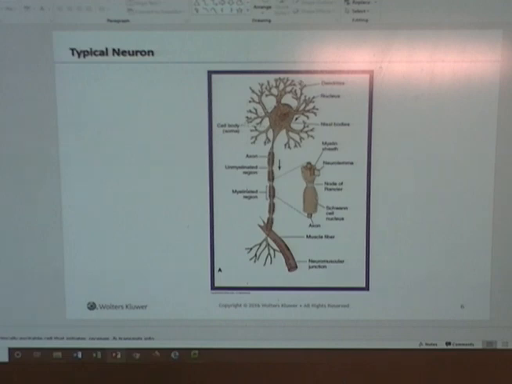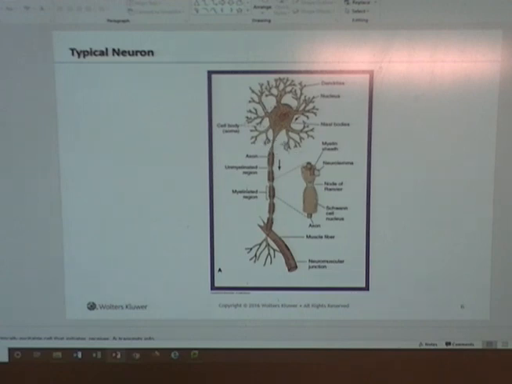dendrites. So our dendrites are responsible for receiving the information, so the impulse from the previous cell, and then they transmit that impulse to the cell body. Around here, it's not labeled on this diagram, but we have the axon hillock.